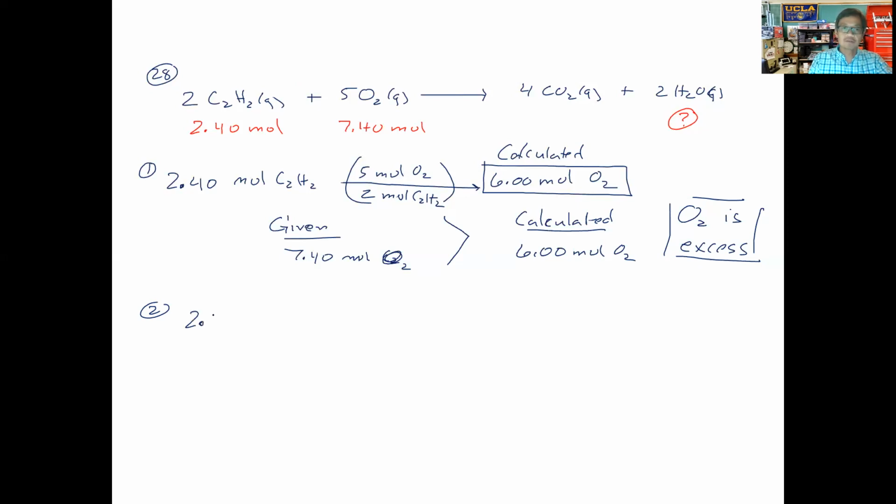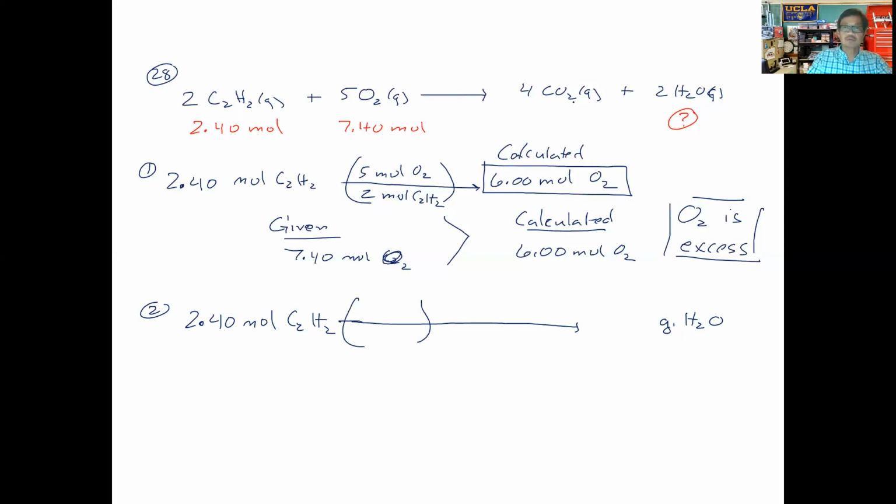Okay, so let's go ahead and write that in. We're going to again start with 2.40 moles of C2H2, and they asked us for grams of water that will form from this amount of C2H2. We already have moles here. The first conversion factor is going to be the mole ratio.